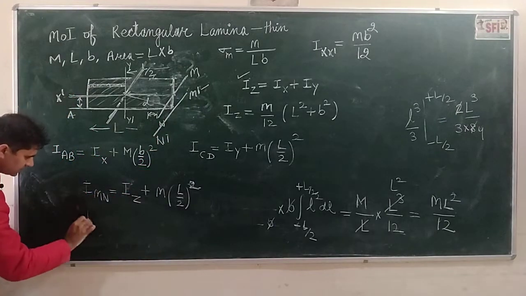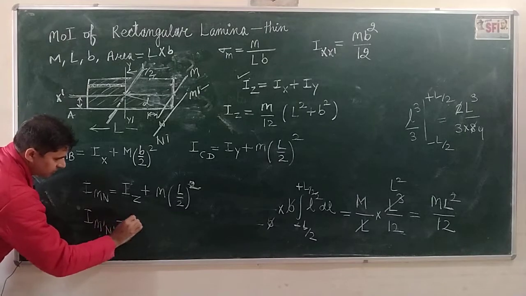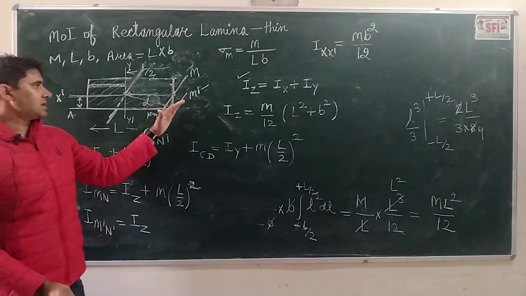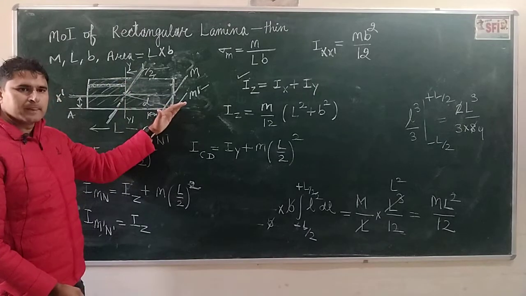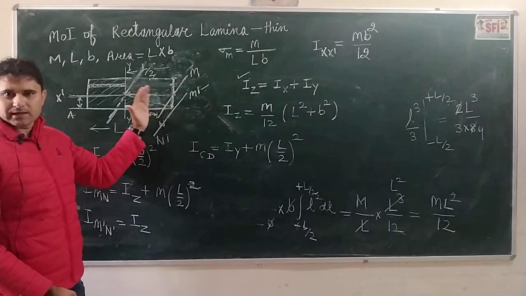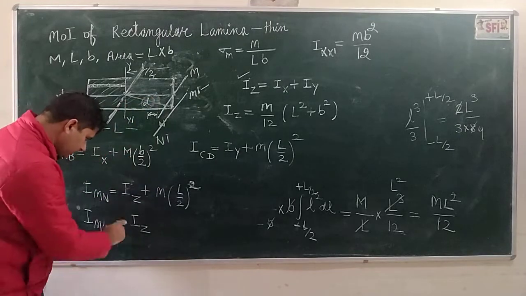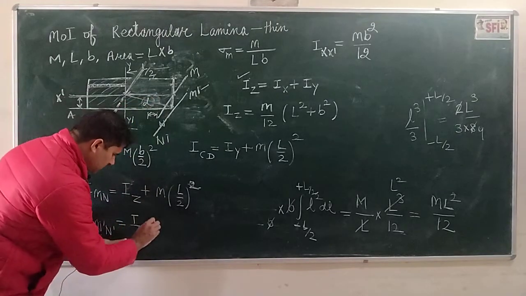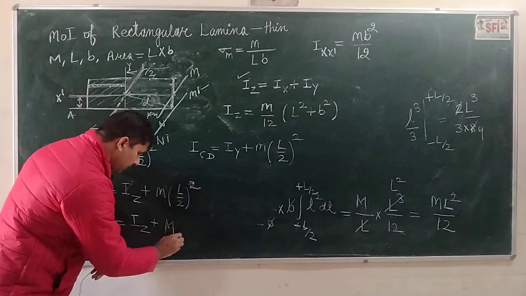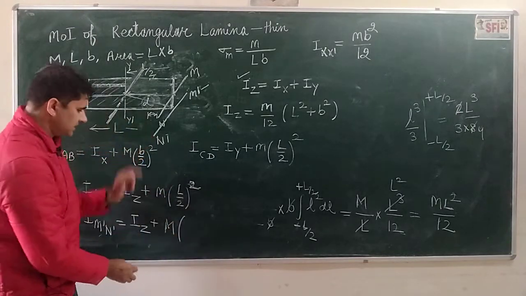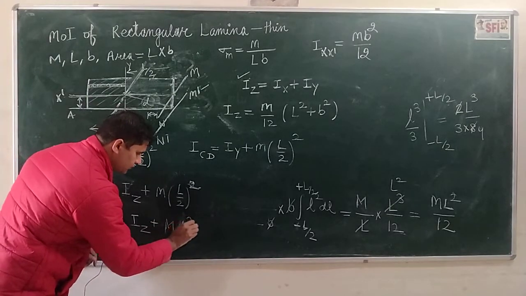So the moment of inertia about M dash N dash will be equal to Iz, because this is also parallel to the z-axis and perpendicular to the surface area of the rectangular lamina, but this distance has changed here. So it will be Iz plus the mass of the lamina, that is M, times the square of the distance D. I am writing it D square.